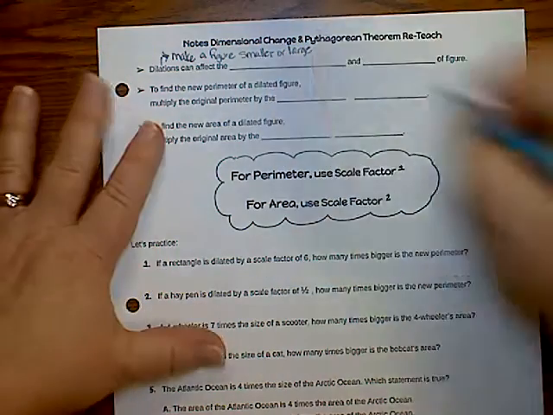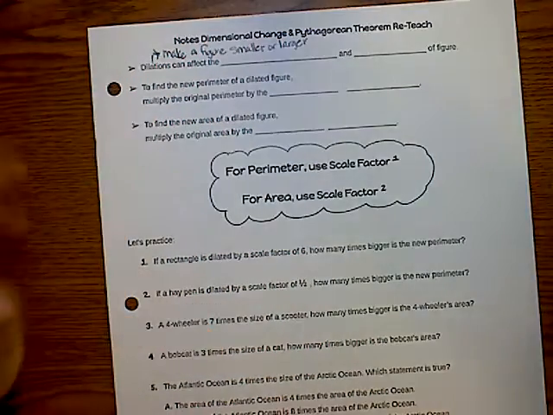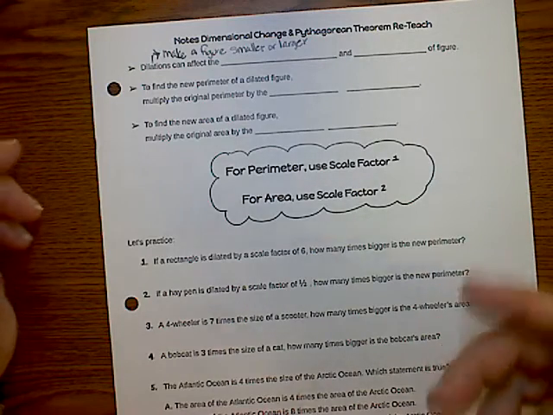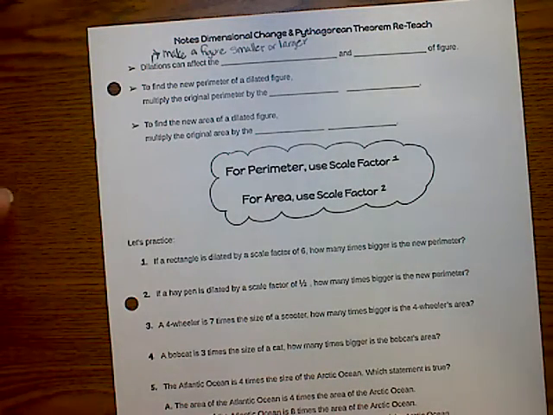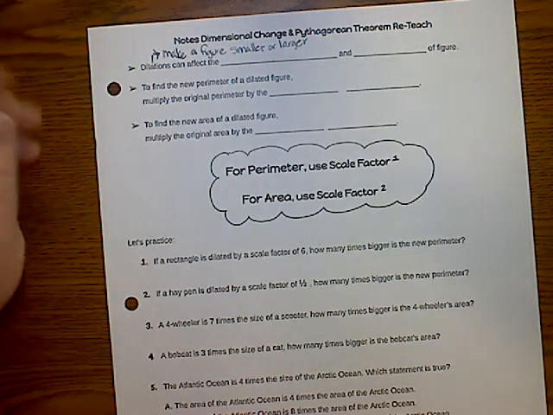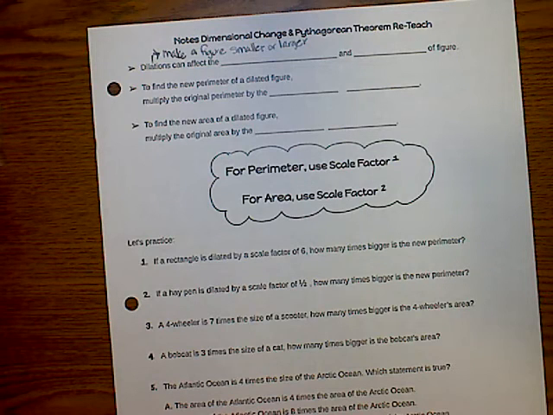So in other words, if your scale factor is less than 1 and you multiply something by a number that is less than 1, it's going to make it smaller. If you multiply a number by something larger than 1, then it's going to make it bigger.